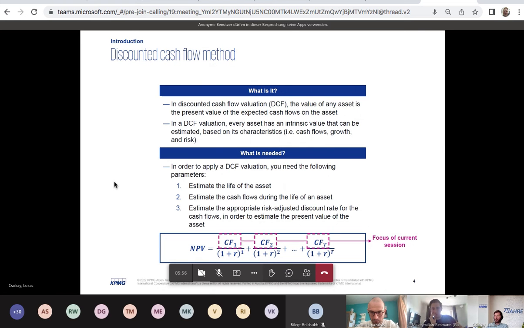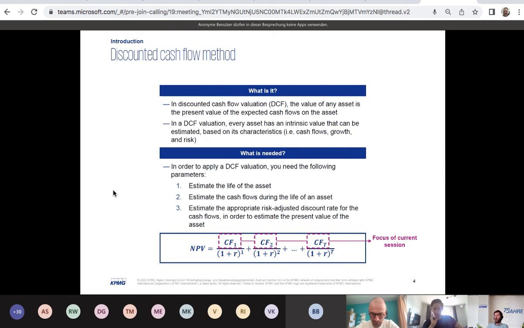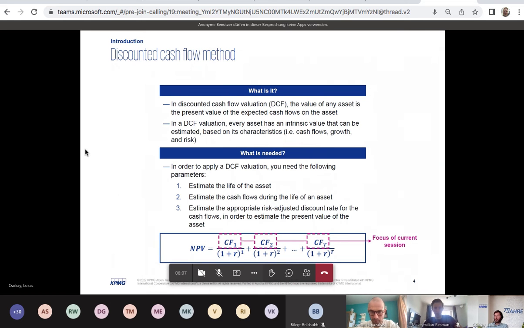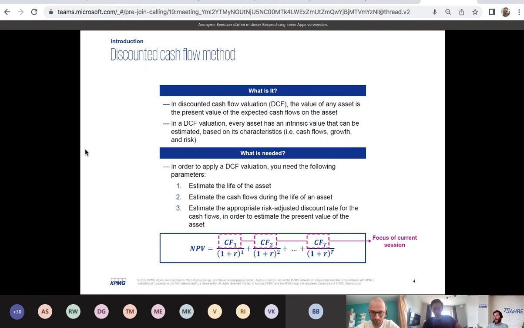And for that, we basically have to consider growth and risk of the specific asset or the specific company. For DCF valuation, it's very important to know the lifetime of the asset, then the cash flows which will occur during the life of the asset. And then, of course, we need a risk-adjusted discount rate to discount those cash flows.